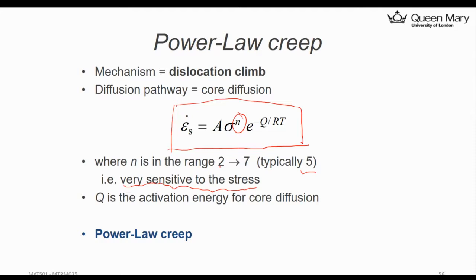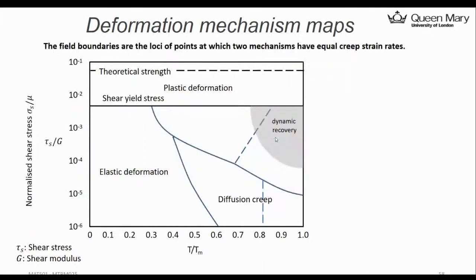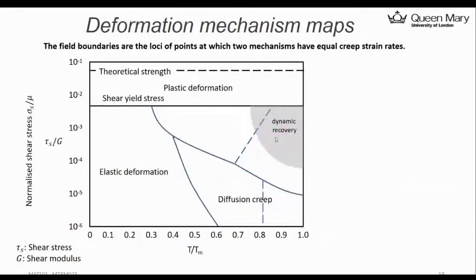Now let's come back to the deformation mechanism map, which you can see here. We have finished the bulk diffusion. We have grain boundary diffusion and power law creep. Dislocation creep is not diffusion. Okay, and we normally tend to plot it more precisely rather than just explaining it in this way.